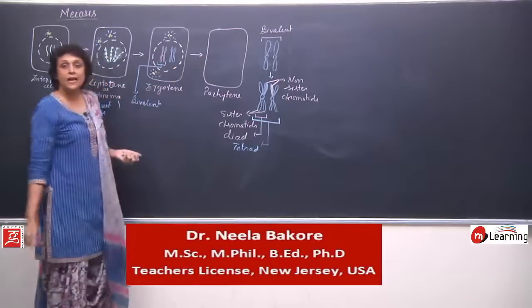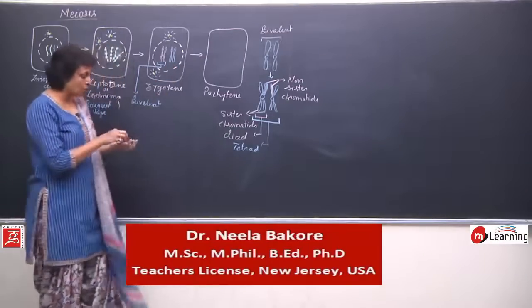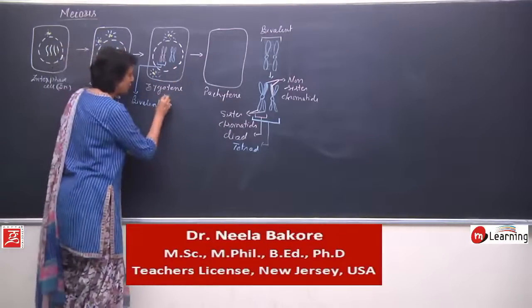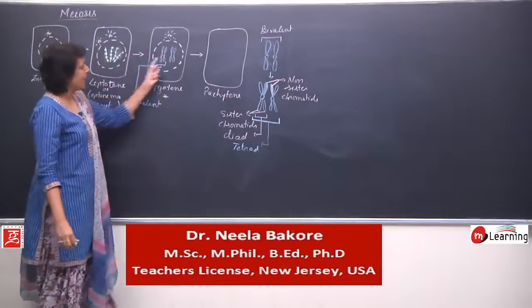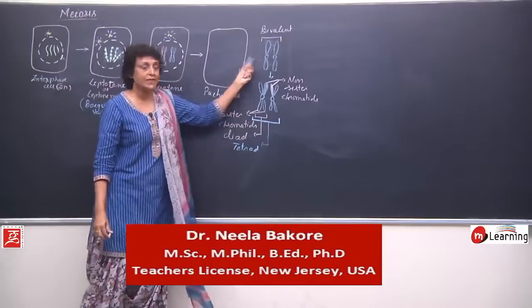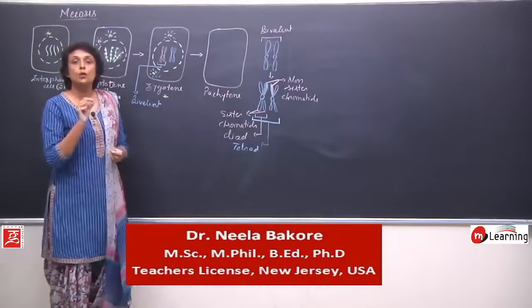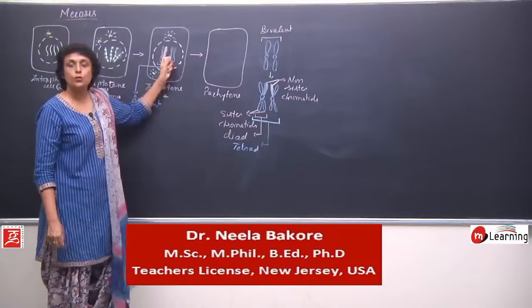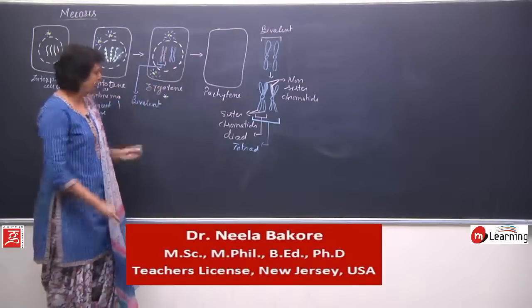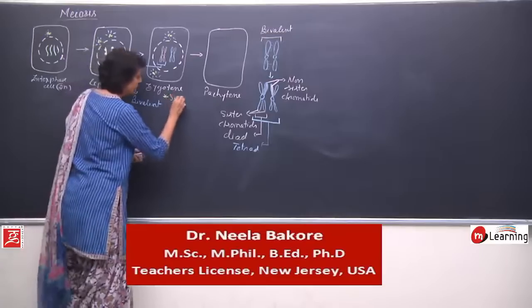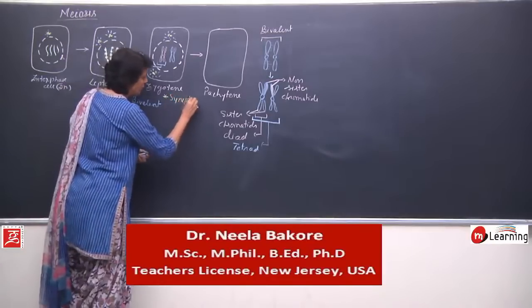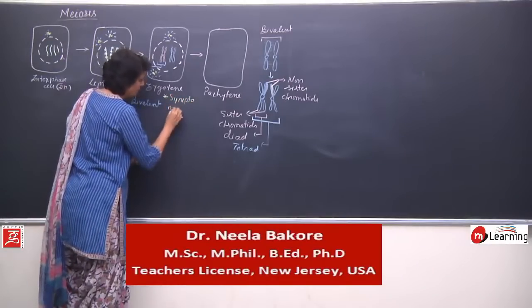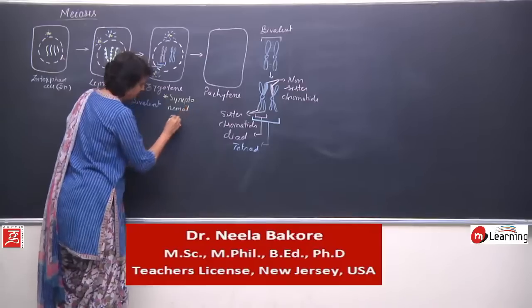So in this zygotene stage, we also say that there is one more thing which has appeared: these connections. These are connections of nucleoprotein fibers between the chromosomes of the homologous pair. This is known as the synaptonemal complex.